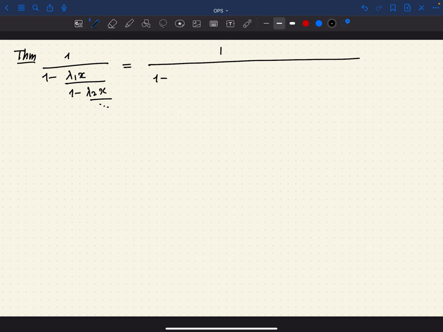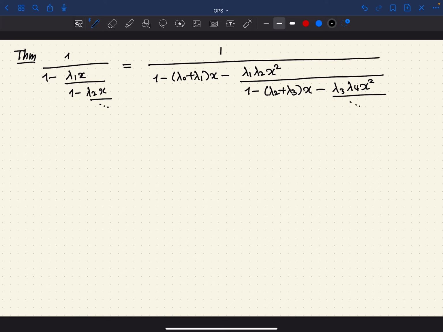So the statement is the following: 1 over 1 minus lambda 1x over 1 minus lambda 2x and so on equals 1 over 1 minus lambda 0 lambda 1 x minus lambda 1 lambda 2 x squared over 1 minus lambda 2 lambda 3 x minus lambda 3 lambda 4 x squared over dot dot dot.